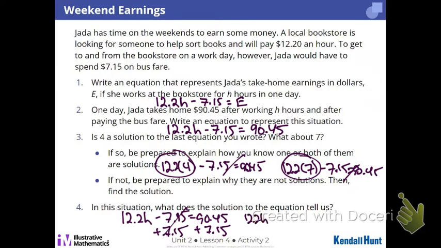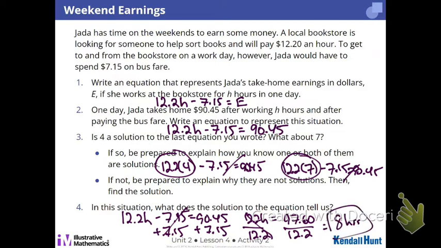Her $12.20 an hour is going to be $97.60, right? The reason it's $90.45 later is because that's after she paid for her bus fare. Then we're going to divide by the price per hour, $97.60, and we get 8 hours.